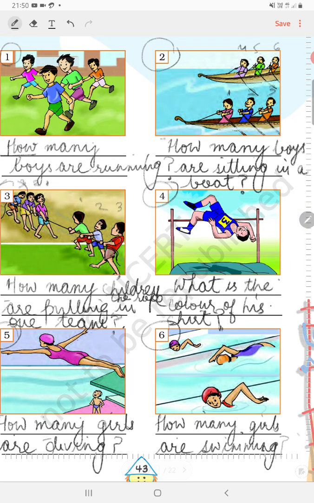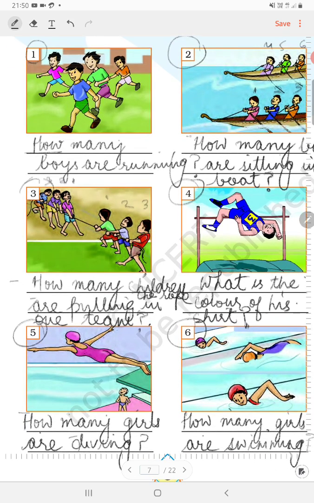Put a question mark here. I want to change this question, so we will erase this, and question number 4 we will change. We will make this also with how many. How many boys do you see in the picture?